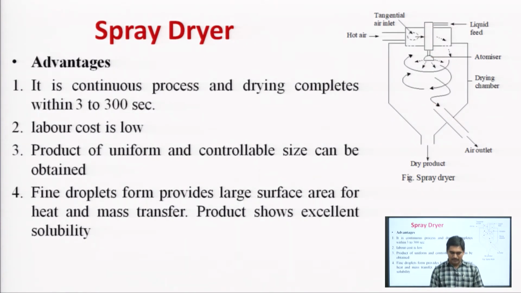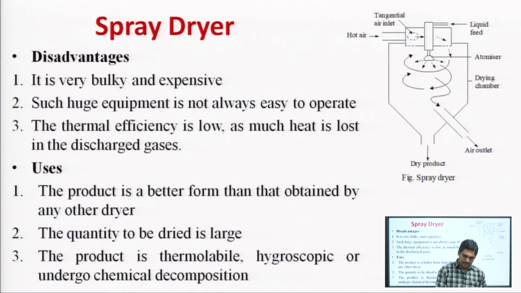Advantages: it is a continuous process. Drying completes within 3 to 300 seconds, labor cost is low, uniform sized products can be obtained, and fine droplets provide large surface area for heat and mass transfer. So, products show excellent solubility.